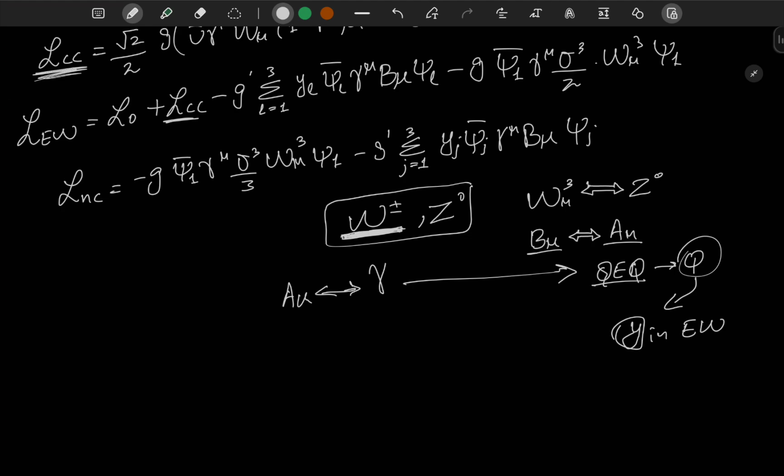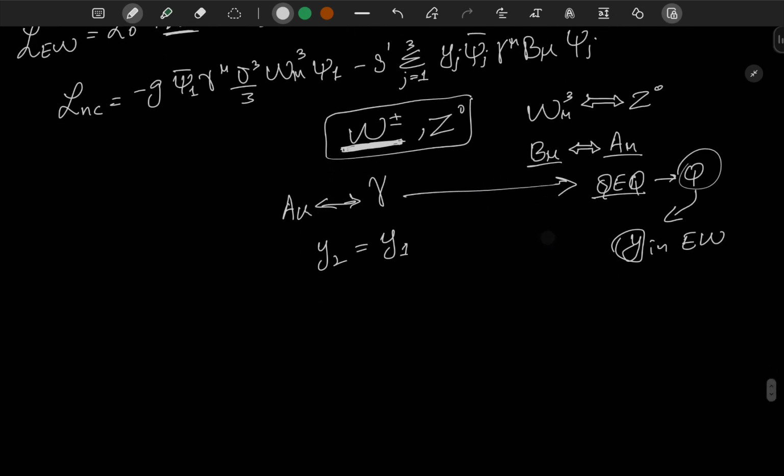So for up and down states, photon will see them equally, which is not true, as we know. So we cannot do this correspondence between B mu and A mu.